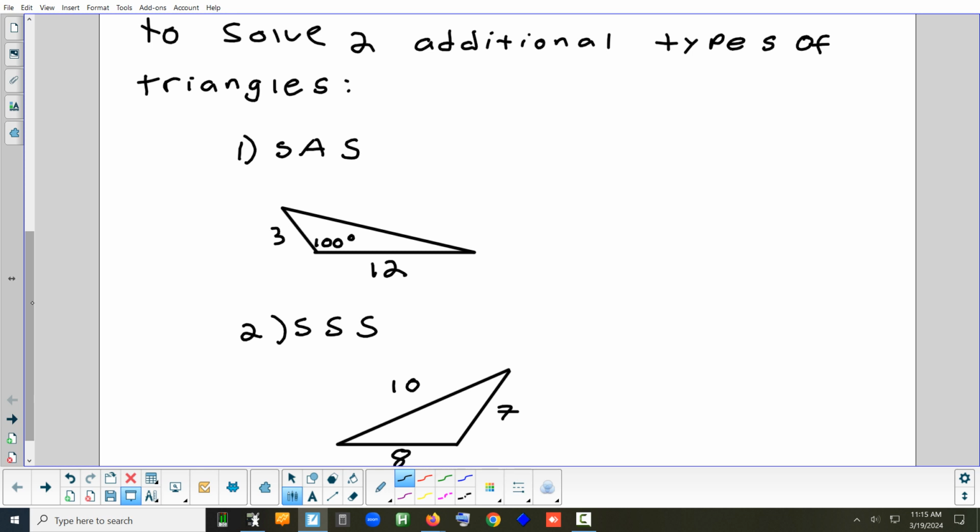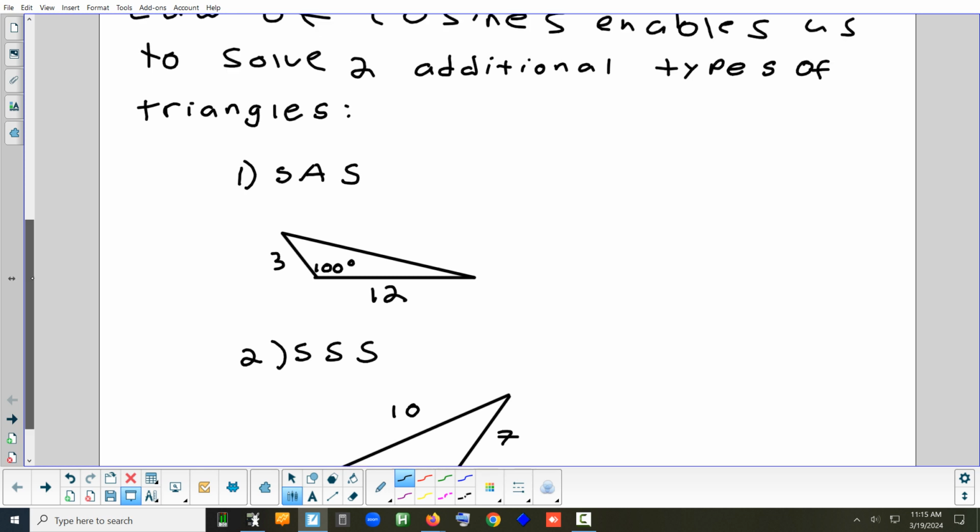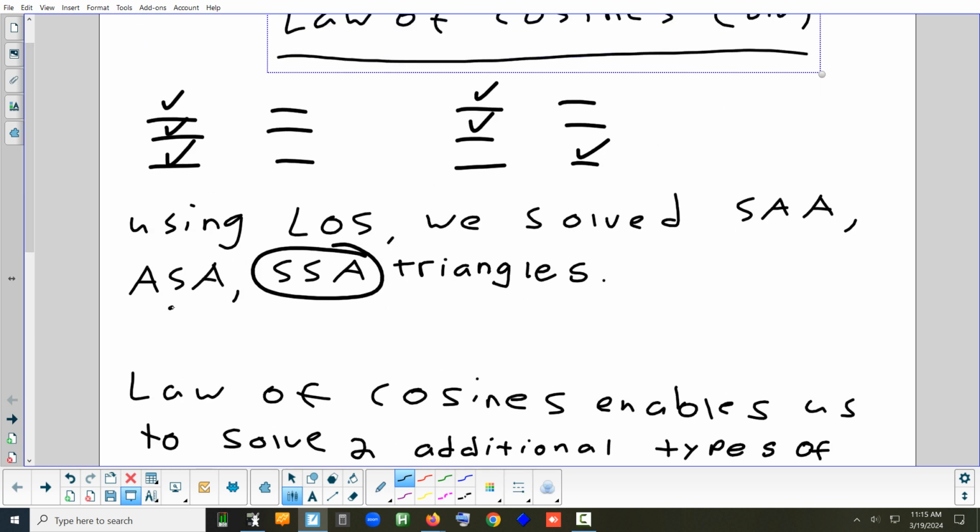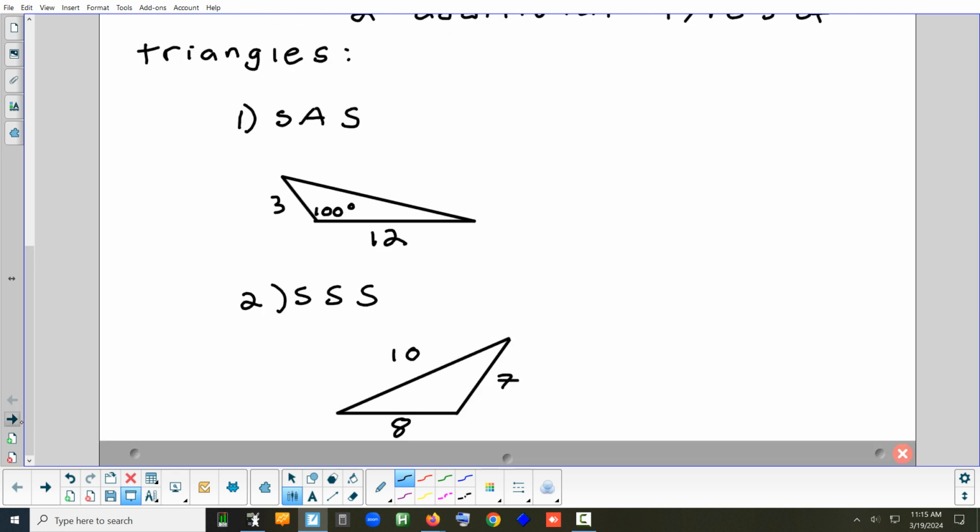You always have to have at least one side, no matter what type you're doing. So any questions on the two types we're going to look at today?